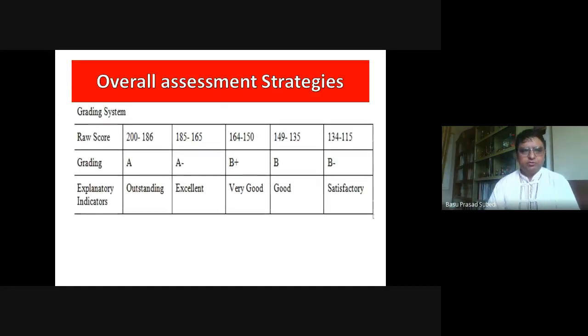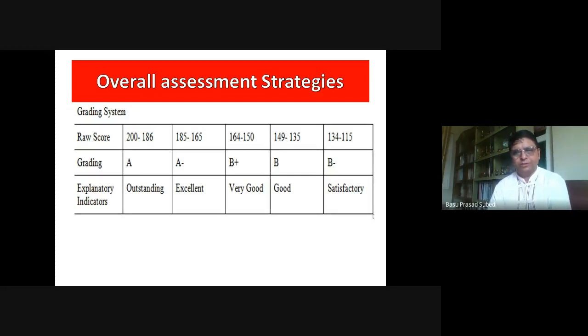Regarding the overall assessment strategy, the learner who gets 186 or more out of 200 will obtain A grade, that is the outstanding category. Likewise, who gets 165 to 185 marks gets A minus, and the category is excellent.